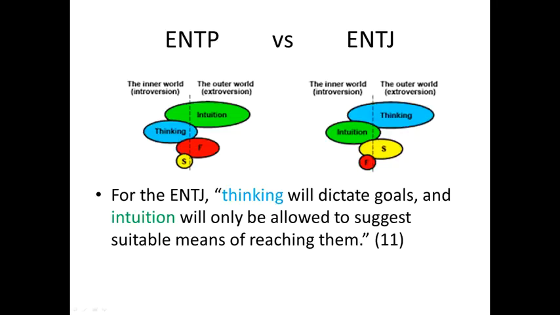If there's judging at the end, the top function will be either thinking or feeling. And then we look and see, oh, there's a T, so that means that this is a thinker. So we're going to have thinking at the top, right? And it's going to be extroverted. Then below that, what are we going to have? Well, in this case, we'll have intuition because of the N, right? And the intuition will be introverted because the thinking was extroverted.